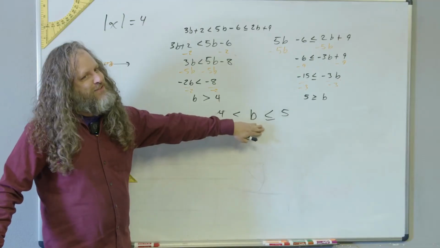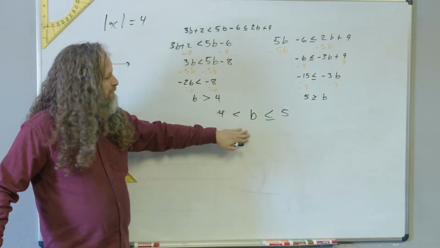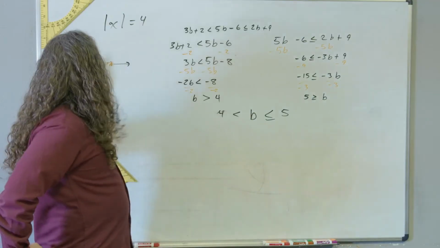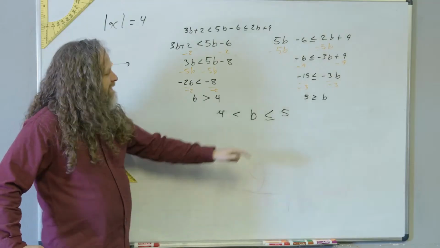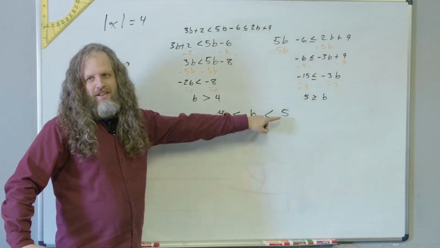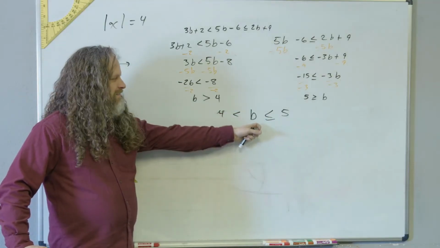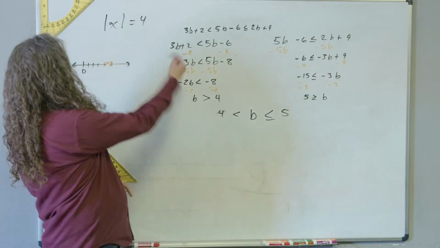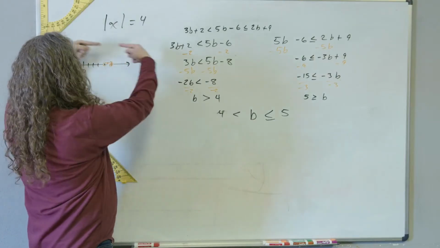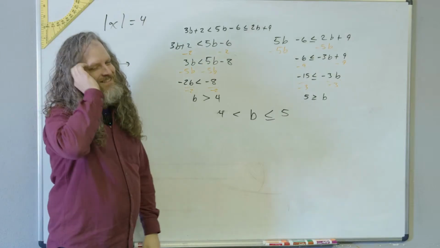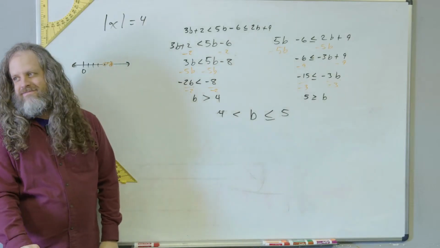But the B is on the other side, right? So the B is greater than the 4. So greater than go that way. Is the B less than the 5 or greater than the 5? Less than the 5. So less than go that way. So this way and this way go this way.